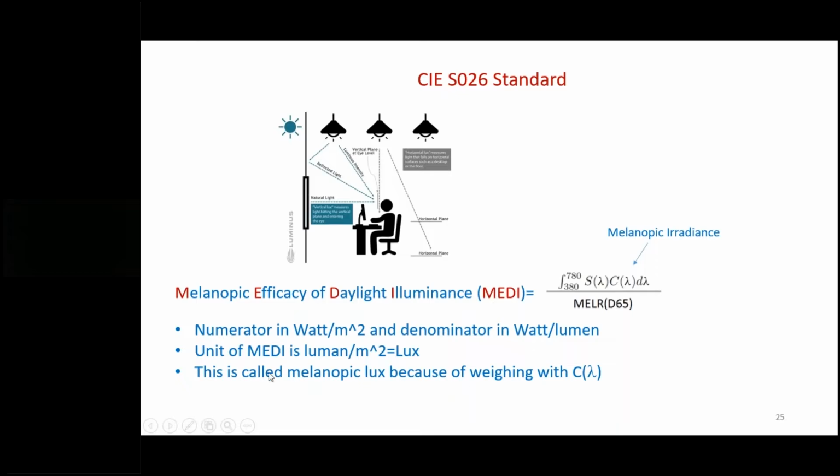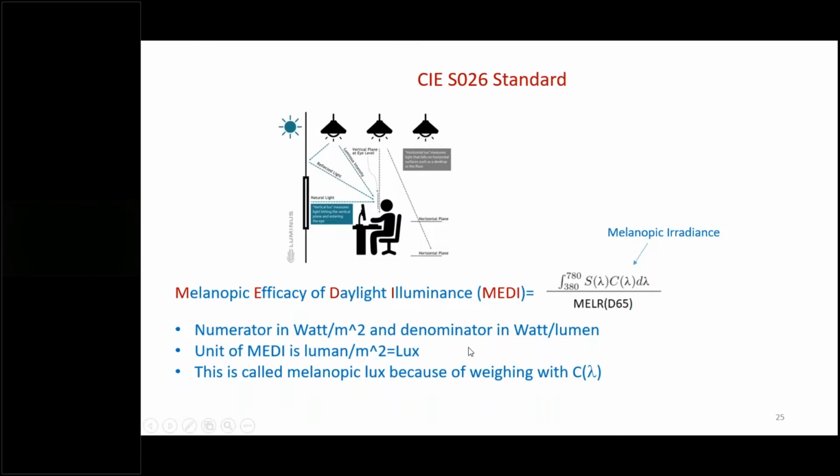And finally, you have the melanopic efficacy of daylight illuminance, or MEDI. And that is basically dividing the melanopic irradiance, which we talked about before, by the MELR of the lamp D65. Okay, so if you do that, the numerator is irradiance, so watts per meter square.